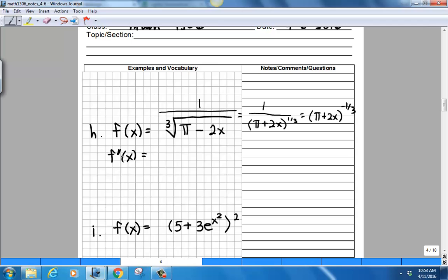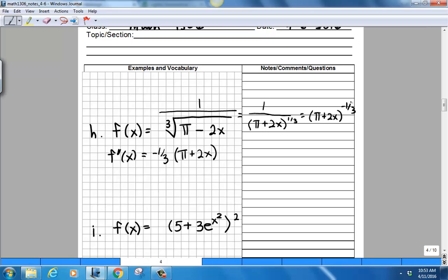So starting from here, Aja, that looks like the power rule. So you know how to start. What am I going to do first there? Bring down the minus 1/3, right? So bring that down, and then just keep the pi plus the 2x.